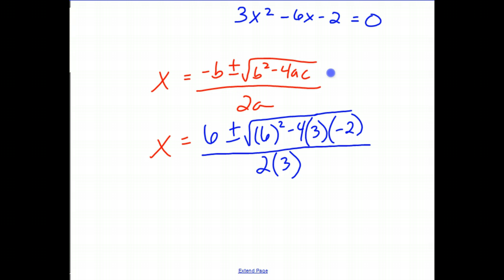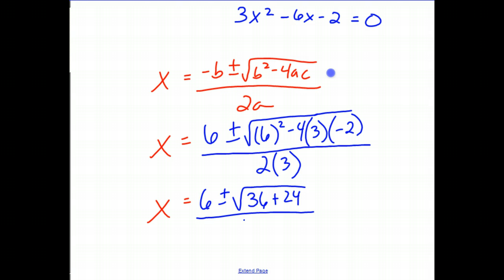Now that we've got everything plugged in, let's start to solve. So again, I have x equals 6 plus or minus 6 squared gives us a 36, minus 4ac. So 4 times 3 times negative 2 is going to give me a positive 24. All over 2 times 3, which is 6.